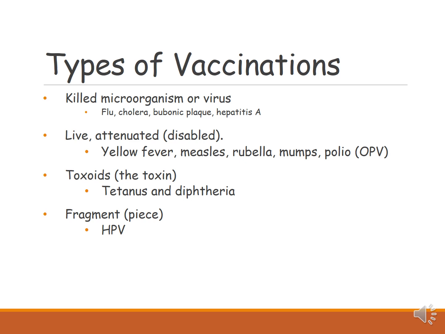Your MMR vaccine. Polio, the OPV. You may receive a part of the toxin or a substance resembling the toxin. This is used for tetanus and diphtheria. The HPV vaccine, the vaccine for human papillomavirus, consists of a fragment of the virus.